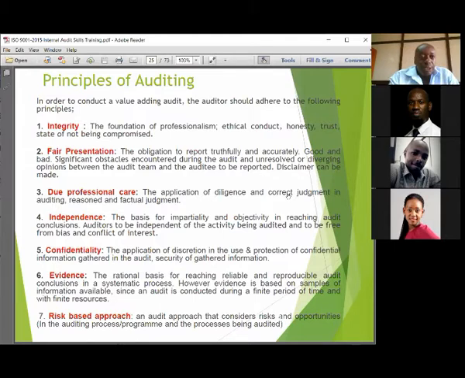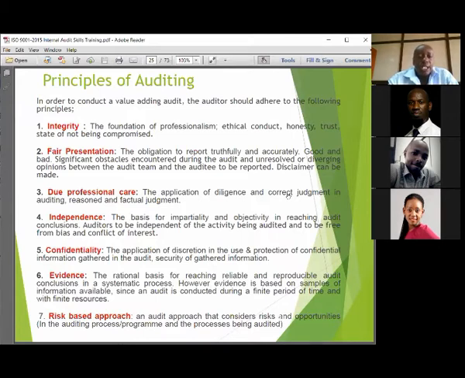Independence, we mentioned about this, is a very important auditing principle. It's a basis for impartiality and objectivity in reaching audit conclusions. Auditors are to be independent of the activity being audited and to be free from bias and conflict of interest. So you have to be independent of the process that you're auditing, and you cannot audit your own work.